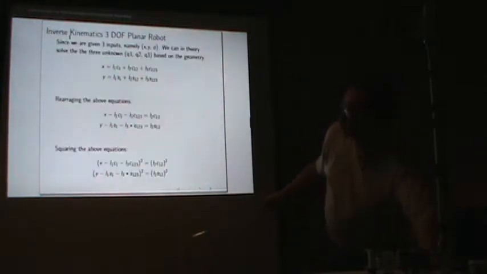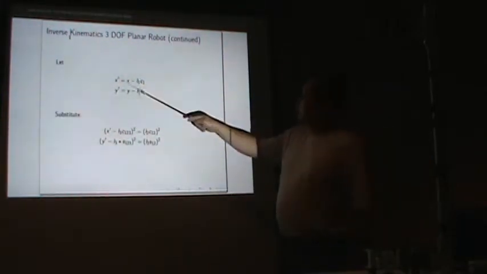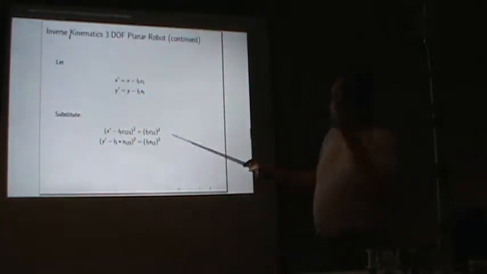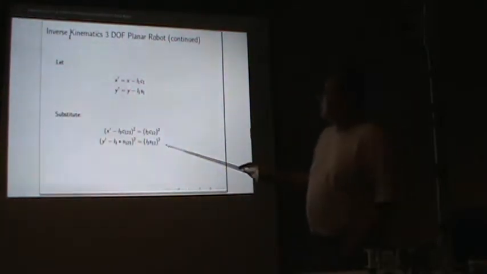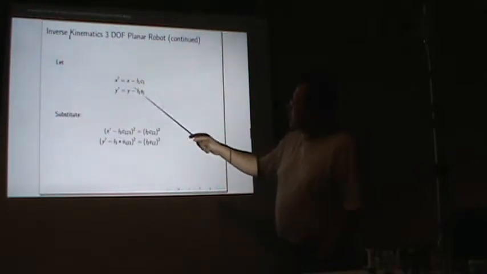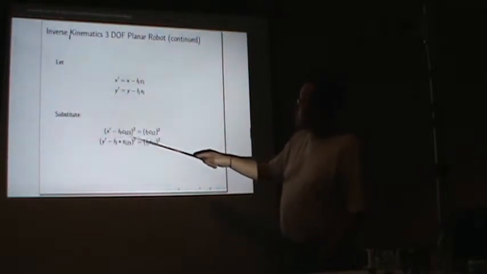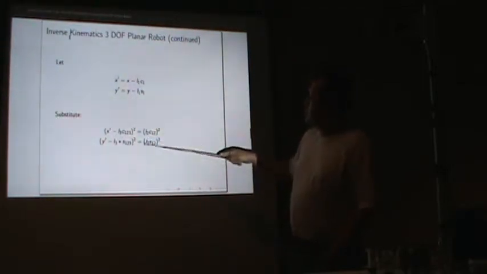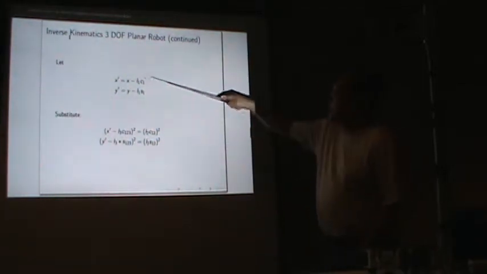Sorry, go back. And then y prime equals y minus L1 S1. Then I can rewrite that previous equation as x prime minus L3 C123 squared, and so on and so forth. Okay, just a basic substitution here.